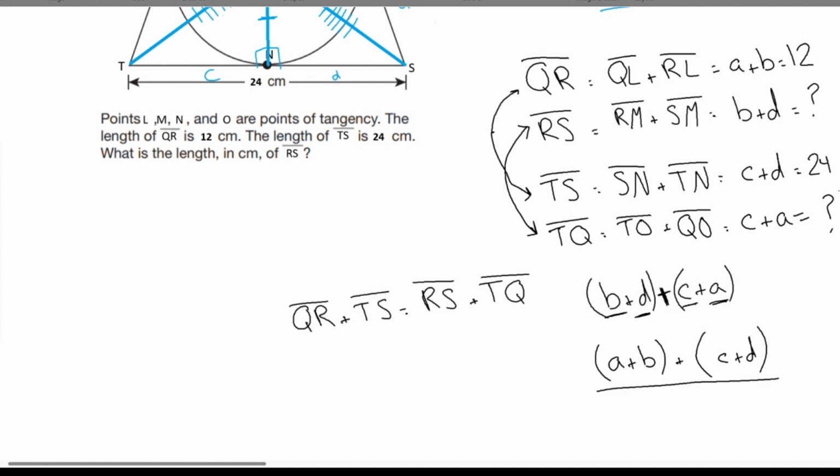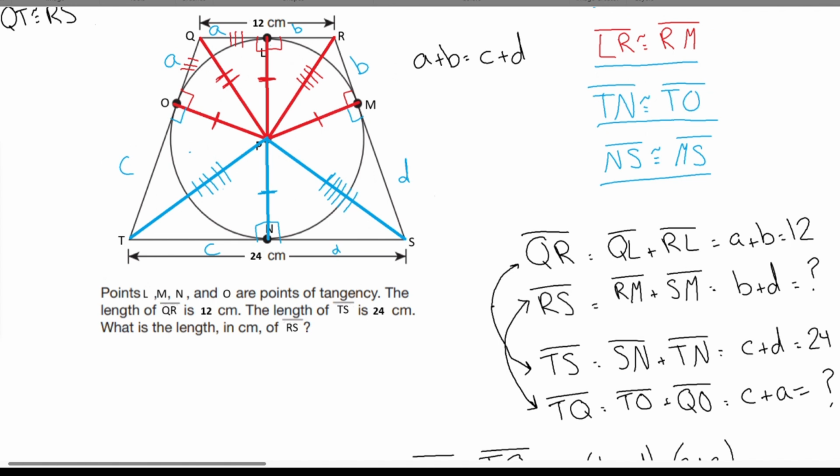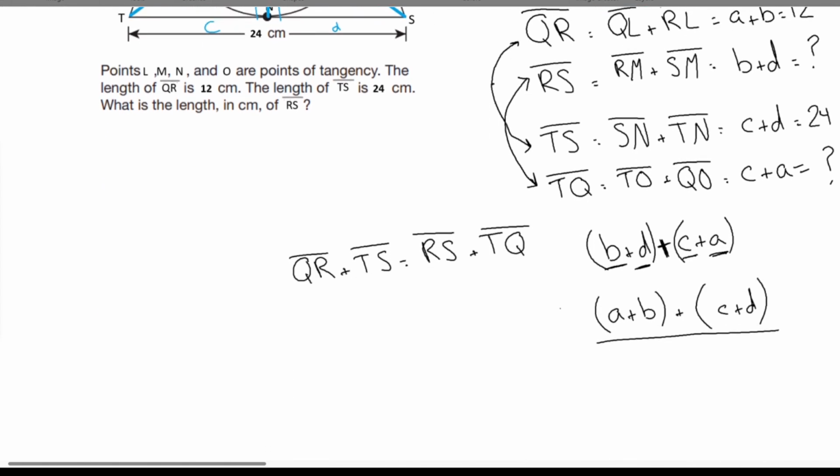And here we don't know what RS or TQ is, but we do know that they're congruent.